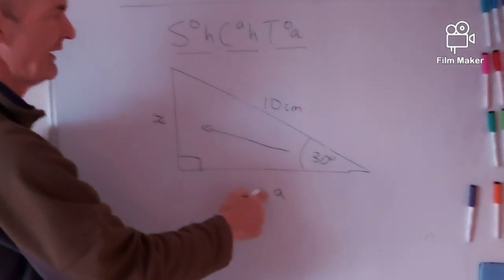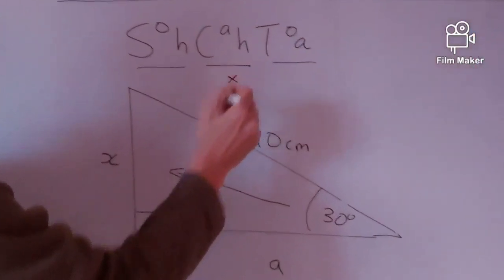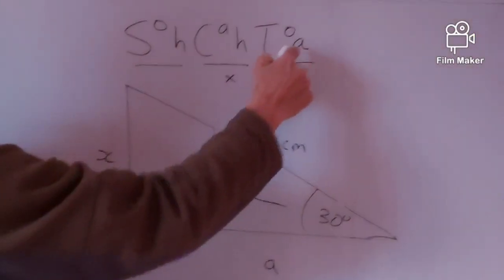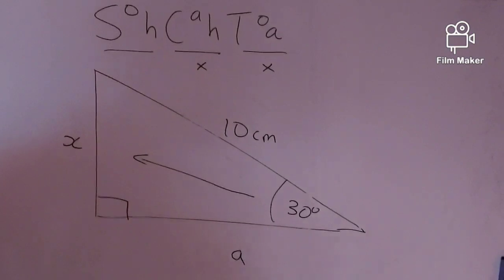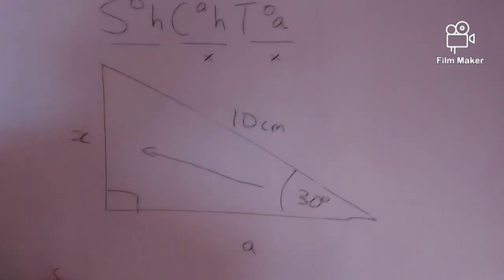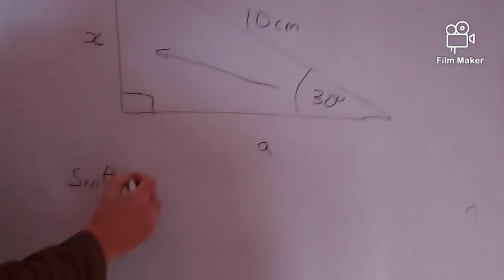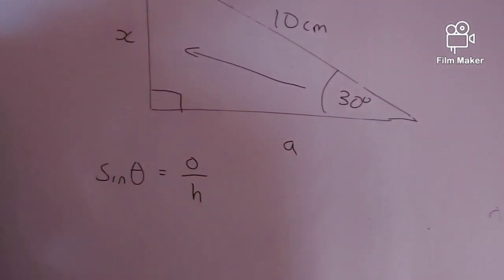Well, we don't need the A, so this one's got an A in, so we don't want to use that one. This one's got an A in, so we don't want to use that one either. So the one we want to use is the SOH bit. So that's sine theta equals opposite over hypotenuse.